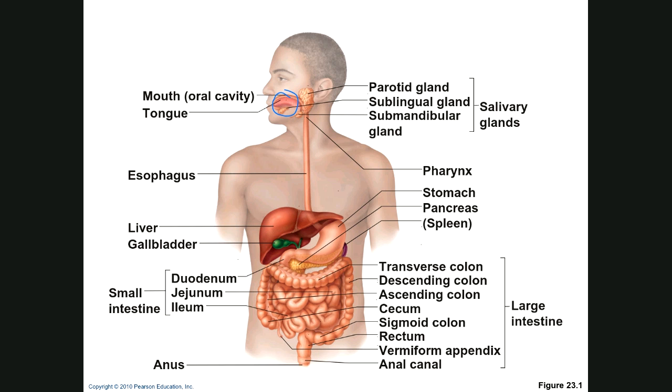That's where digestion starts by the actions of enzymes in the saliva and the physical action of the teeth and saliva together crushing the food. The food is swallowed, so it's going to go into the oropharynx, from there into the laryngopharynx, where it will be diverted into the esophagus, which is the tube that is going to take the food to the stomach.